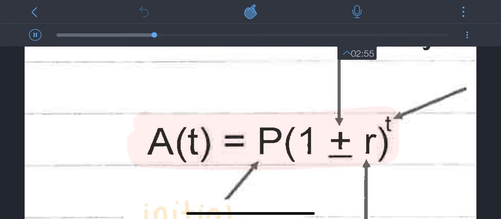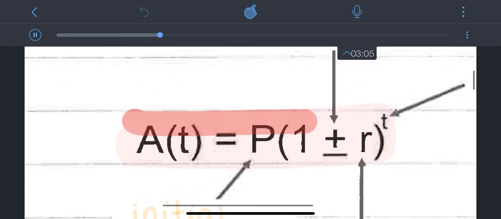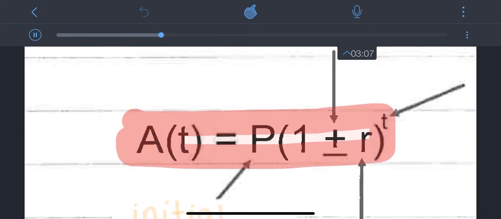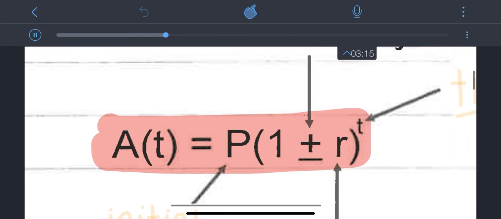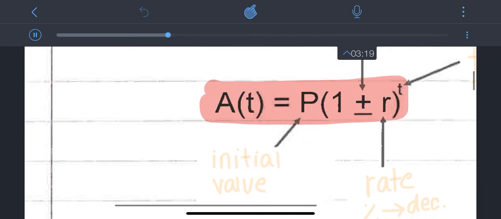A of t equals P, and then parentheses, 1 plus or minus r raised to the t power. And I'm going to explain every single part of this. First, we just use A to represent random growth or decay. They just use the letter A to name this function.